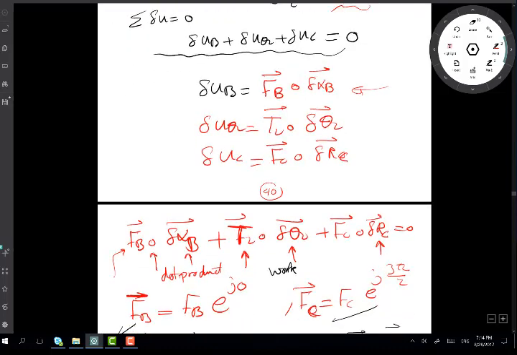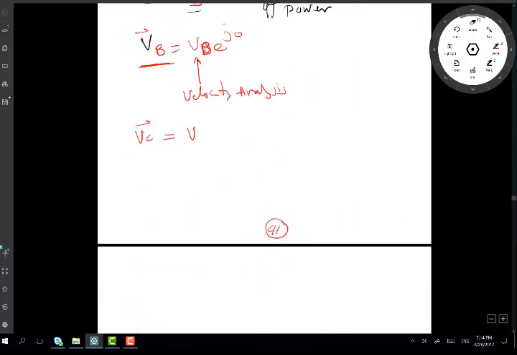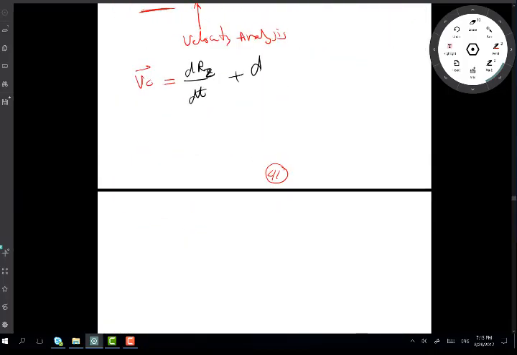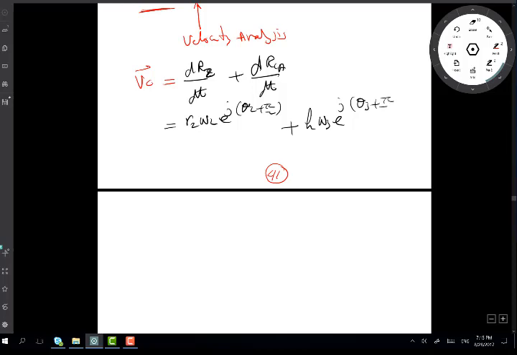Differentiate this expression: d RC/dt equals d R2/dt plus the other expression, which is d RC relative to A/dt. This gives me R2 omega 2 e^(j(theta 2 plus pi over 2)), and the other term gives me H omega 3 e^(j(theta 3 plus pi over 2)), and I add them together to get the velocity.